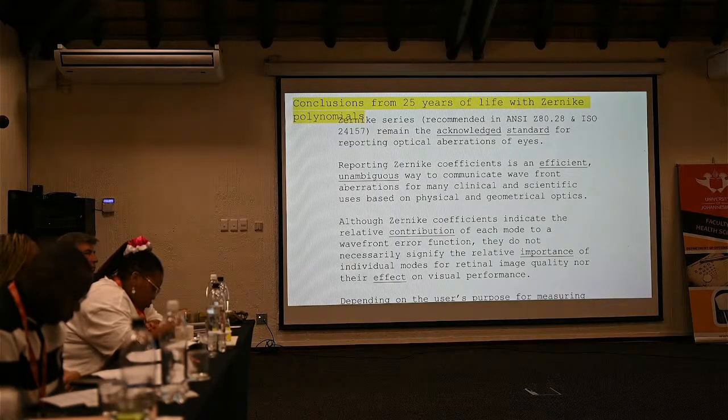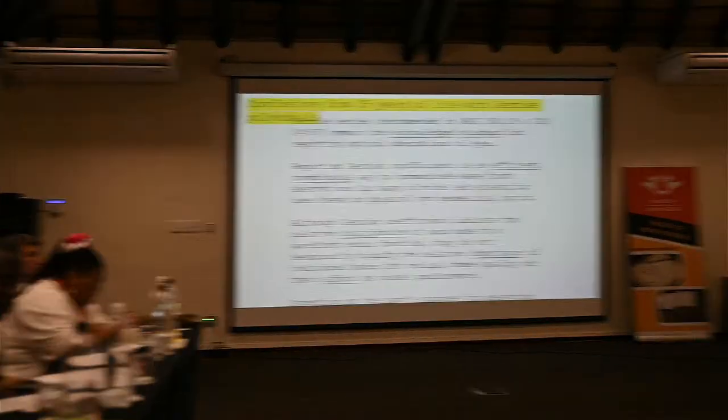Anybody else comment? Another way to say what John just said is that the optics are the first stage of vision, and if you don't consider what the visual system does to it, then you're mistaken.